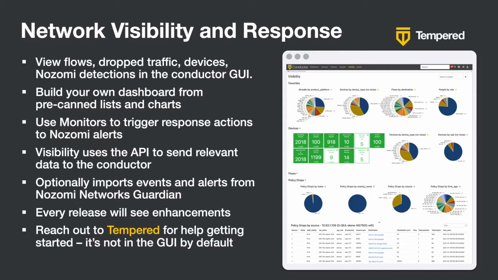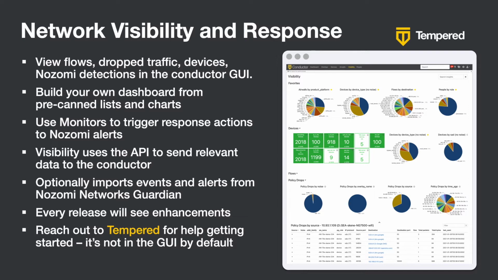I'm also really excited to share details around our new visibility and response feature. Basically what this does is it collects flows, dropped traffic, and other data from the conductor and the Airwalls and combines it with Nozomi data, if you have a Nozomi infrastructure, to build this dashboard you see full of pre-canned lists and charts about what's going on in your system.